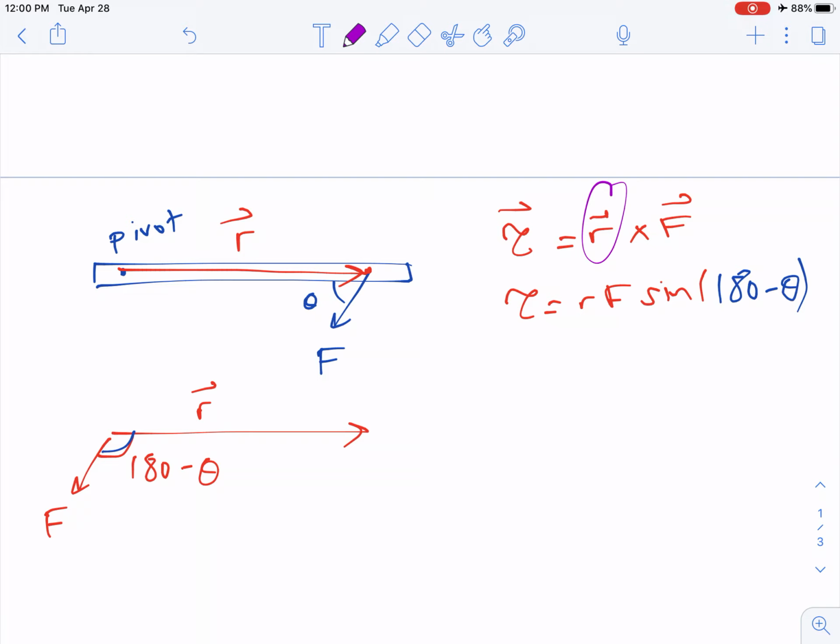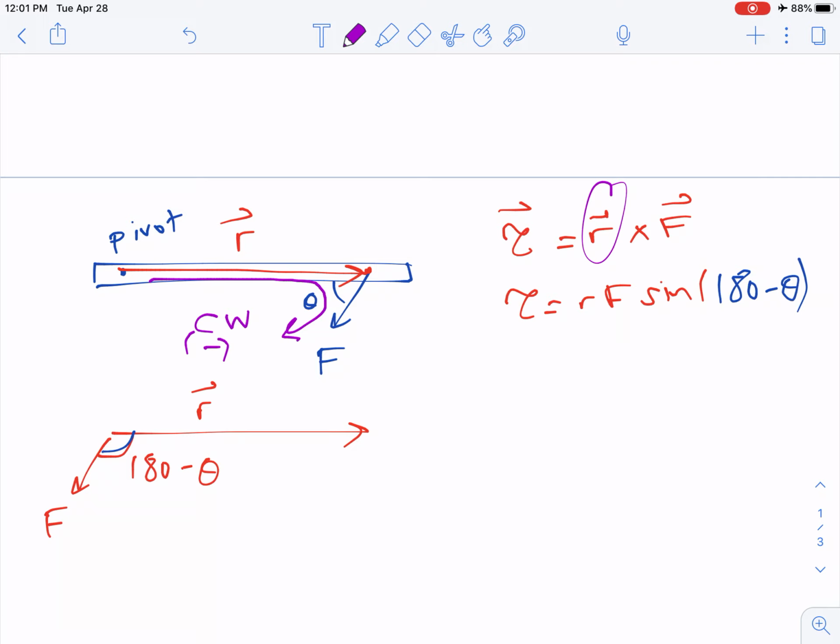Okay. So in this case, your thumb is going into the page, right? So that your palm faces down, not straight down, but almost towards the F direction, and you curl your fingers along F. So what I'm really doing is going along R and then making a turn in that direction, and that is a clockwise direction, or the thumb is into the page, and that's why we say torque is negative or torque is clockwise.